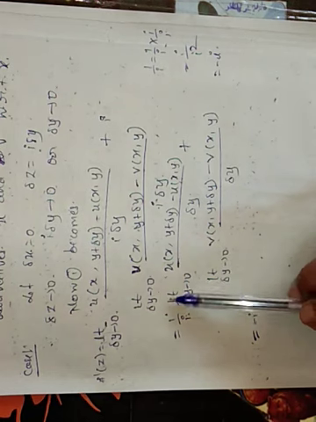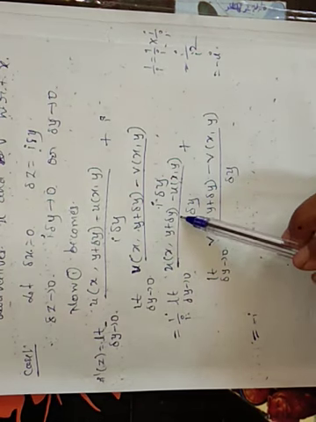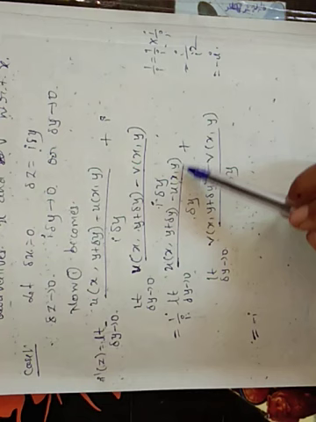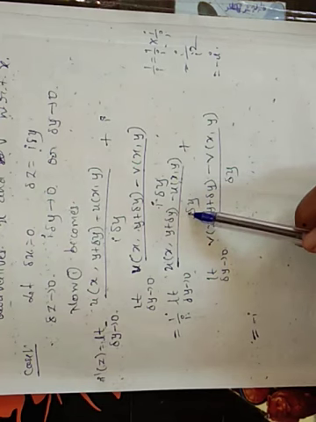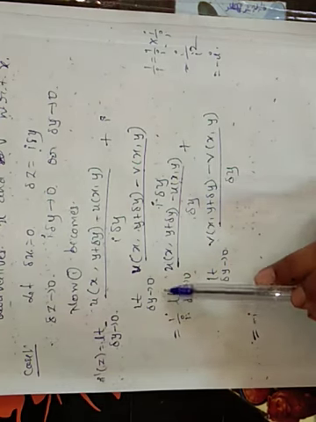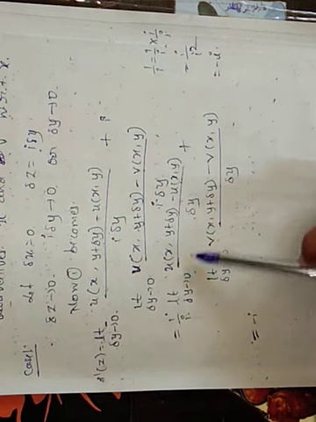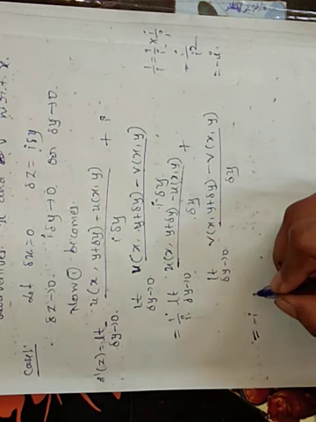Now see the remaining term, limit delta y tends to 0 of u of x comma y plus delta y minus u of x comma y divided by delta y. That is the definition of the partial derivative of u with respect to y.